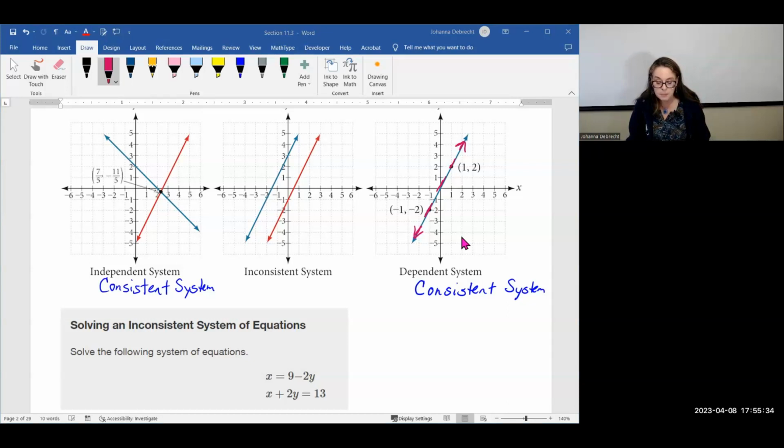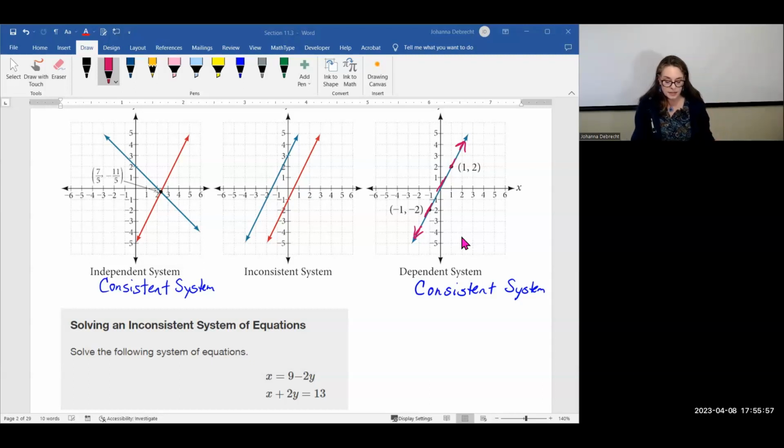When you have a dependent system, the lines depend on each other because they're identical. They're not independent of each other. They don't get to slope differently and go through different y-intercepts. They depend on each other. So it's dependent because they're the same line, but it's consistent because there's a solution.